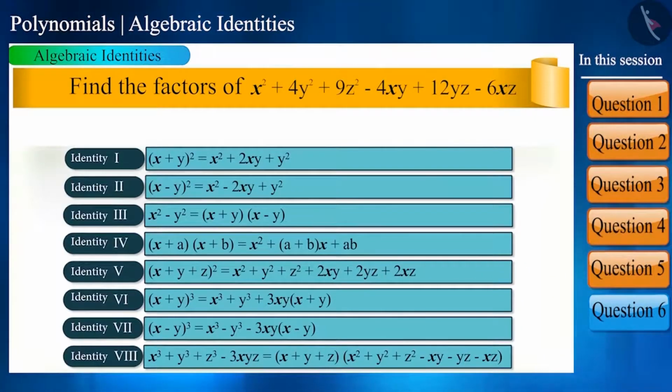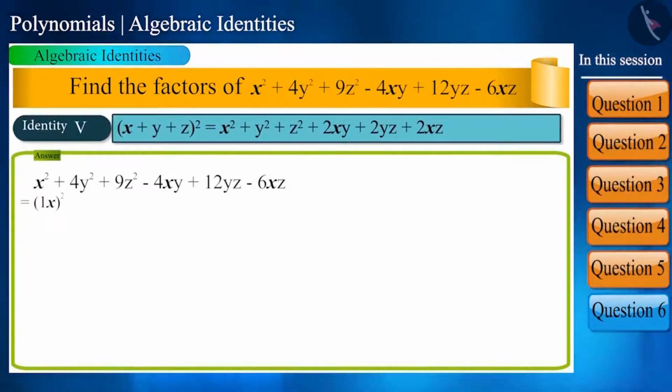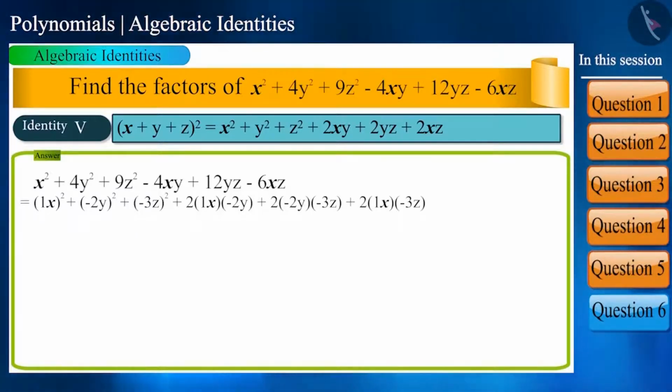And now we will write it as identity 5. Now this will happen, which we will write in factor terms as follows.